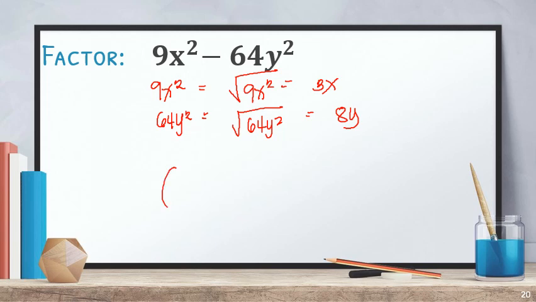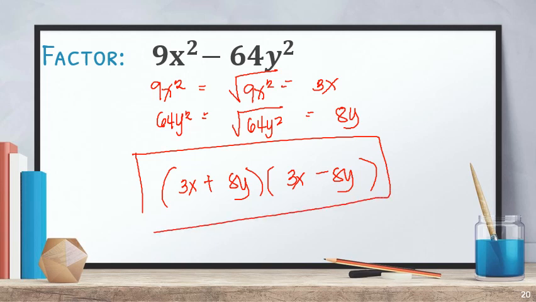So again, we will express our final answer as the product of the sum and the difference of the first term, which is 3x, and then your last term, which is 8y. So our final answer now is quantity 3x plus 8y multiplied by the quantity 3x minus 8y.